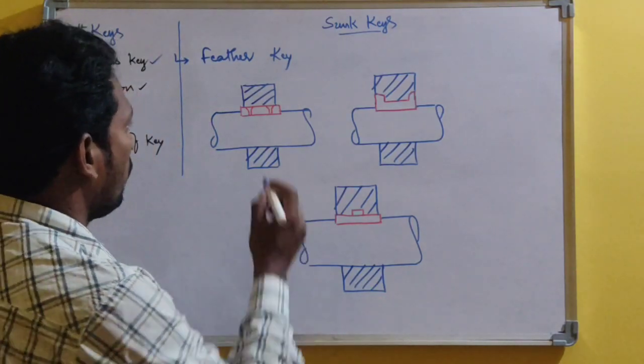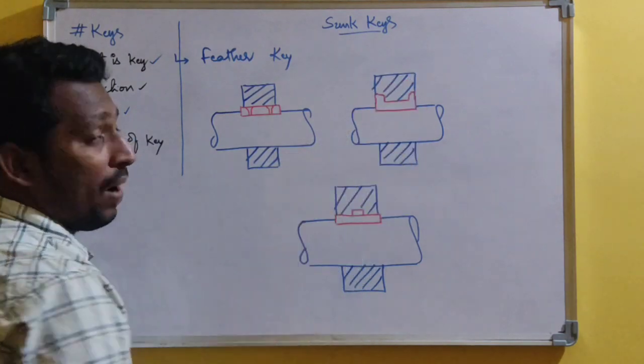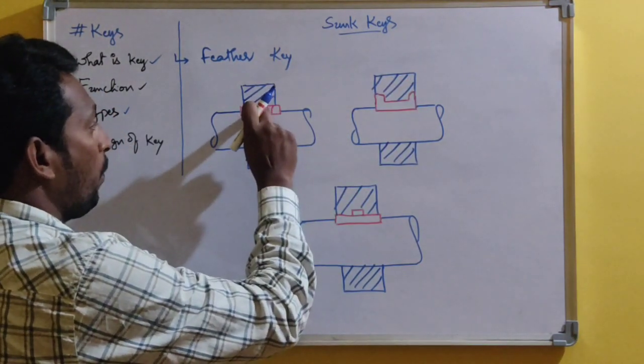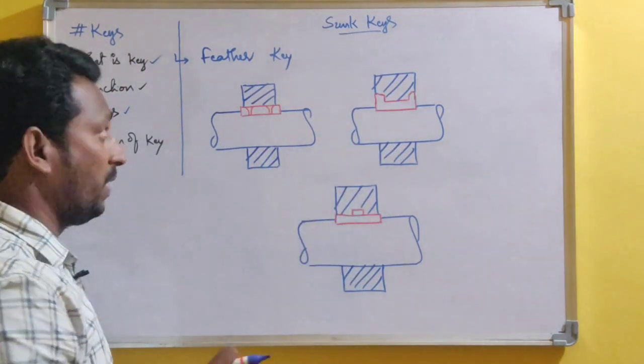So here this one is a solid shaft, this hatching portion is the hub or boss, and this middle portion of this red colored part is the key, right?